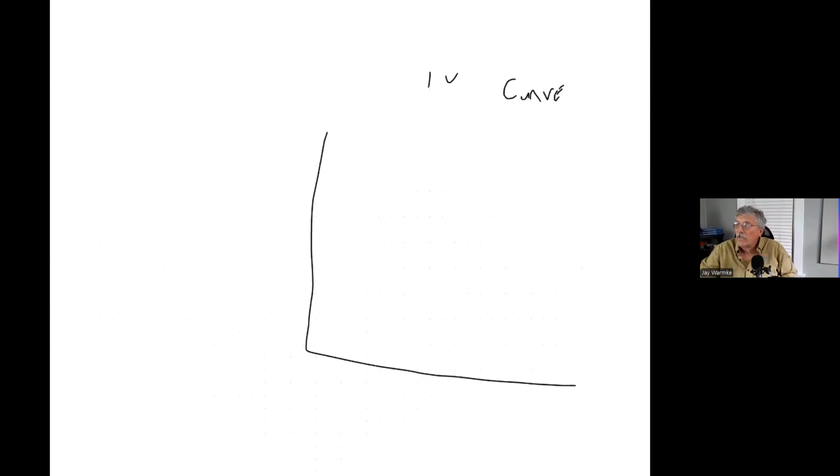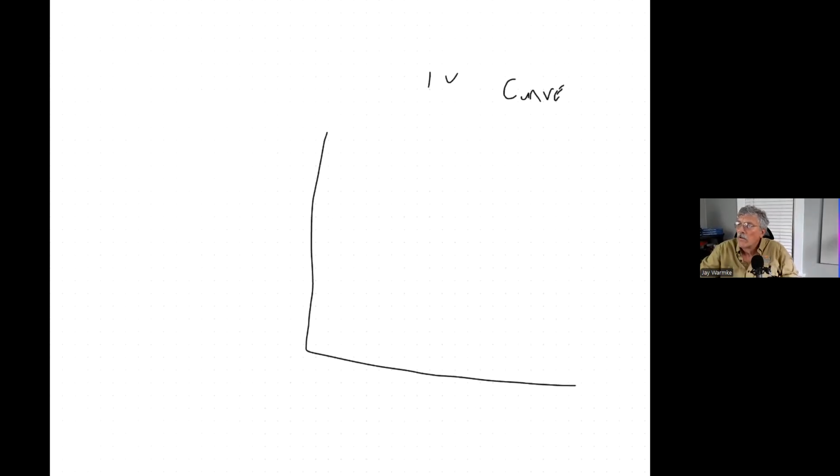This is the IV curve. This is what happens when I try and write with a mouse. Boy, that's weird. I'm going to move this screen over into the other screen and see if that helps. Yep, that'll help. It just wants me to use this screen.